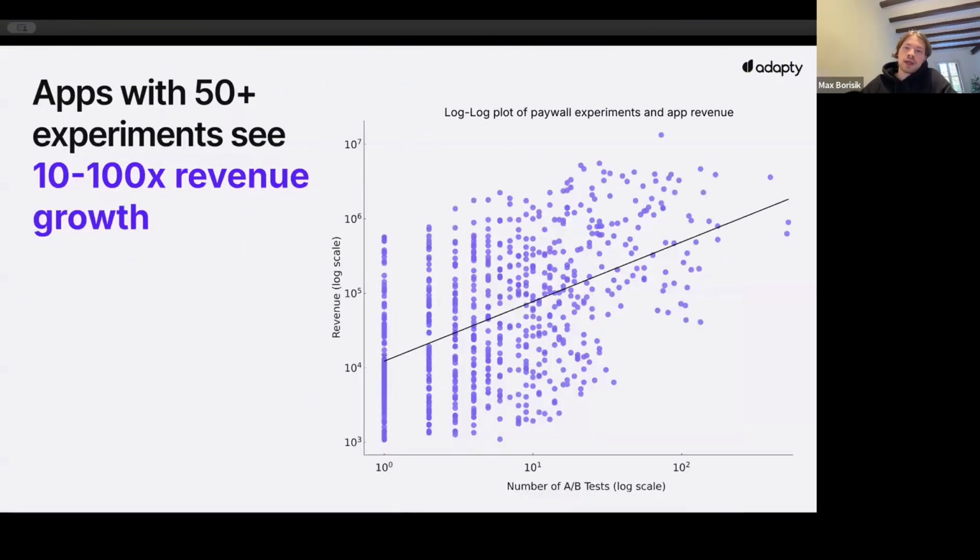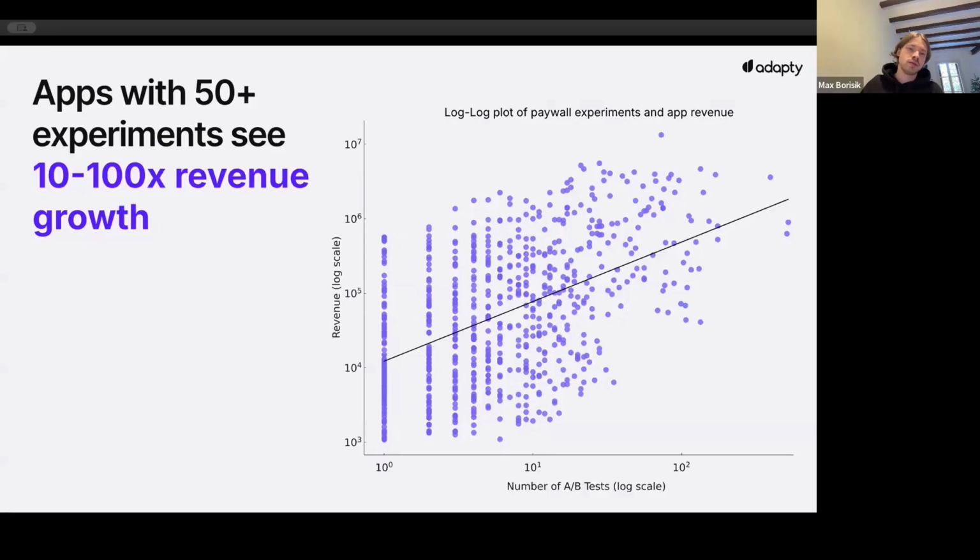In the beginning, we did this kind of analysis to understand whether it is measurable, what's the difference between those who do experiments and those who don't. And it turned out that the difference between them is pretty big. The apps which do lots of experiments usually see growth which is higher, not in percentages, but in times. It can really be 5 or 10 or even more times bigger revenue compared to the apps that don't do experiments. And this is based on a very big amount of data, the information within apps in Adapty.